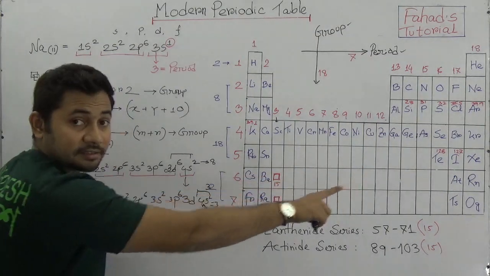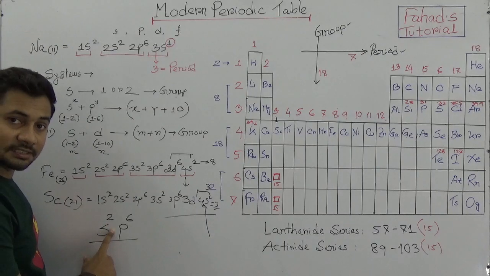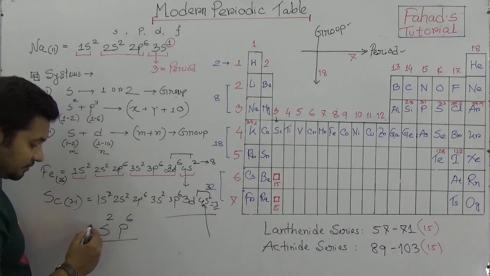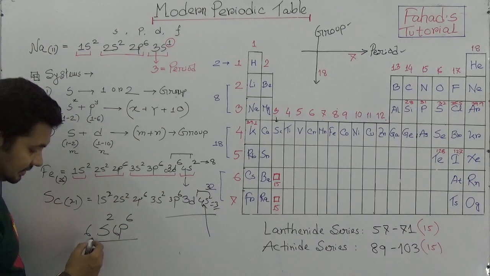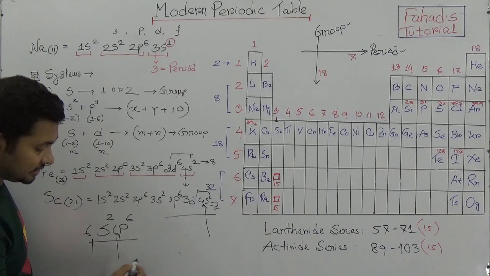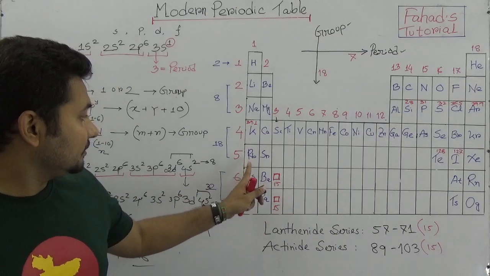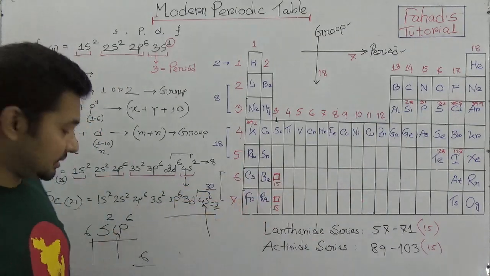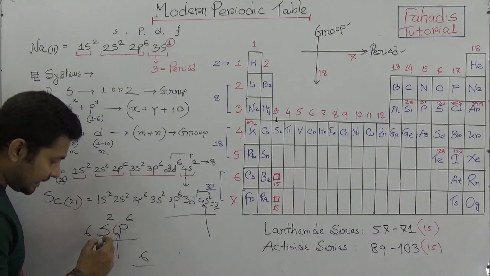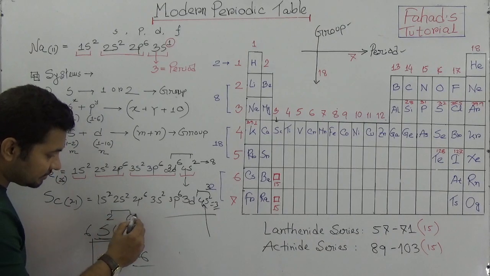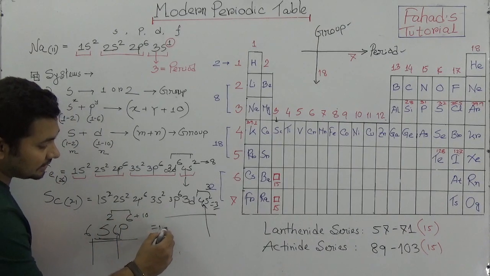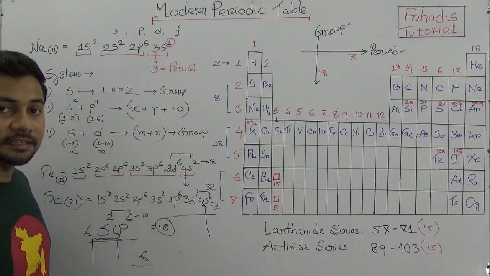In case of radon, it would be 6s2, 6p6. It means that the outermost shell is 6. So radon belongs to the 6th period, and as it is s and p, we have to add 10, so it is group 18, which is the inert gases.